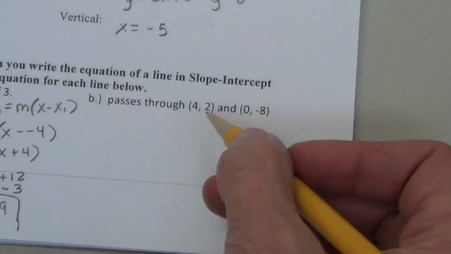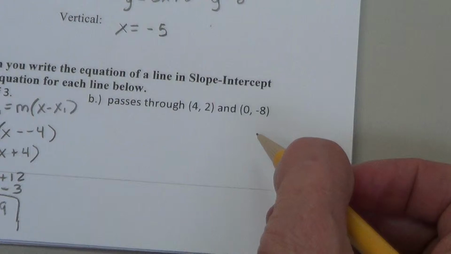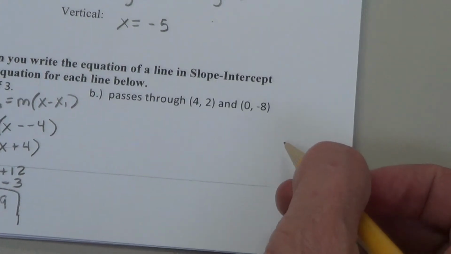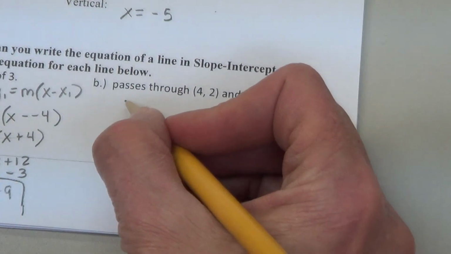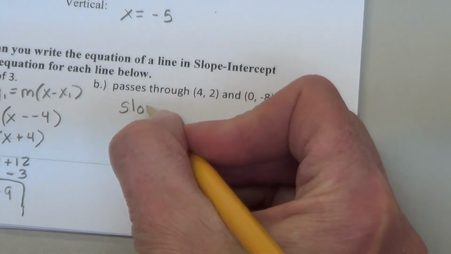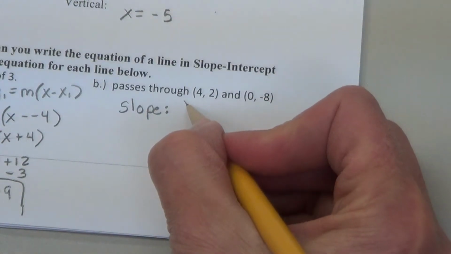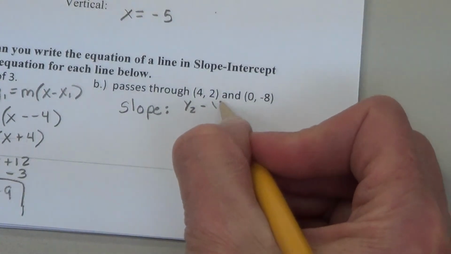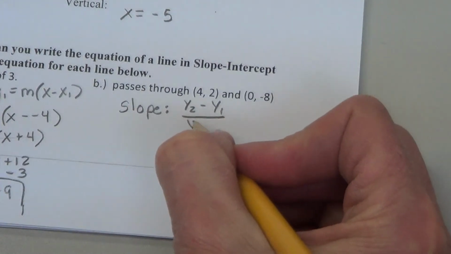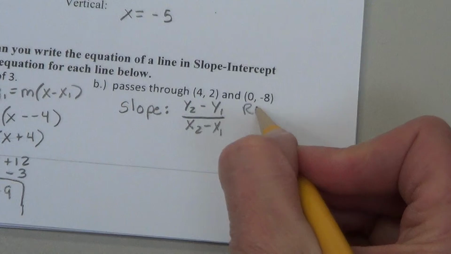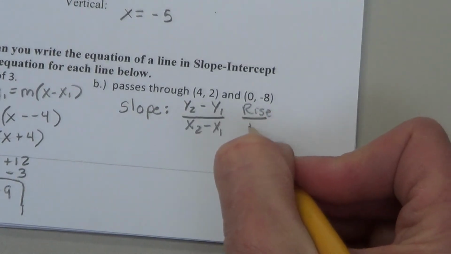Now we have that it passes through 2 points, but we do not know what the slope is. So now we have to use the slope formula, which is y2 minus y1 over x2 minus x1. That's just your rise over your run.